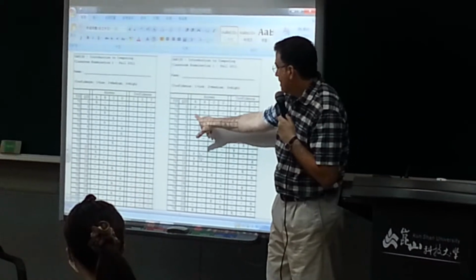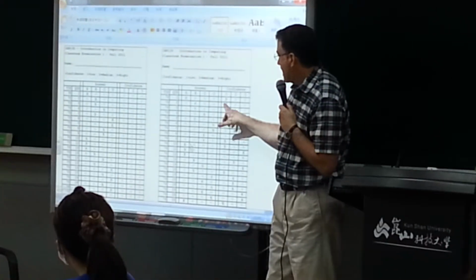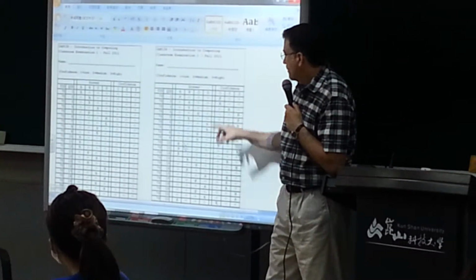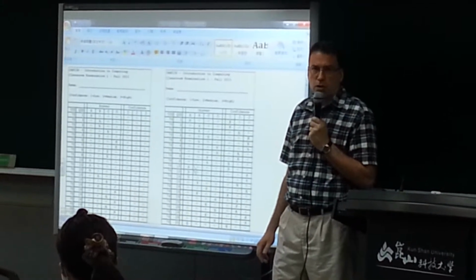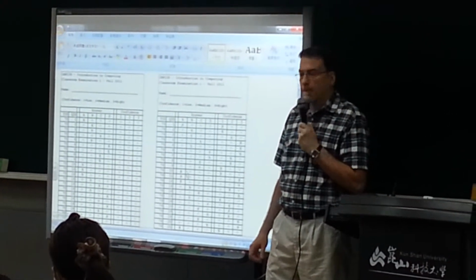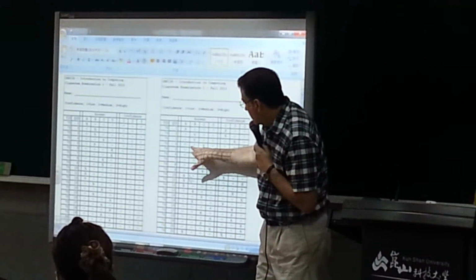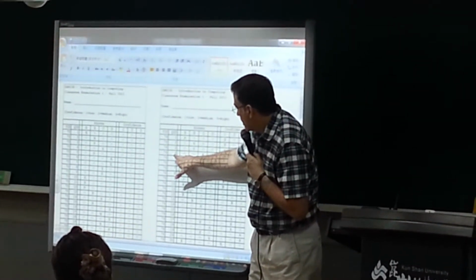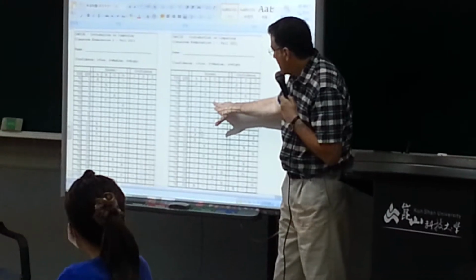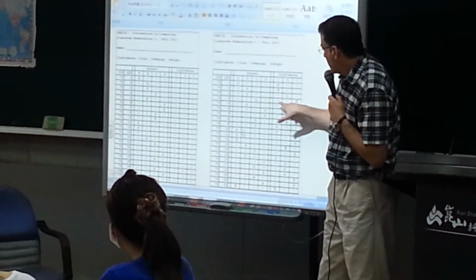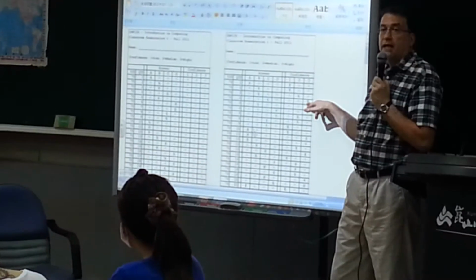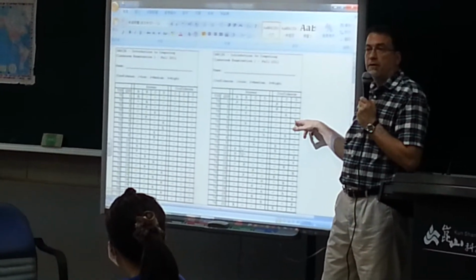So this person said, I think the answer is A, but I'm not very confident in that answer. Okay? The same person on number 4 says their answer is C, and they're very confident in that answer. Very confident.